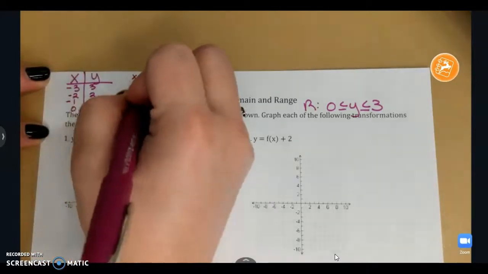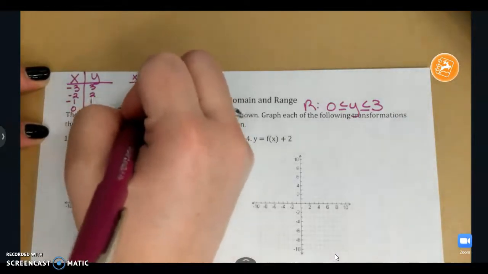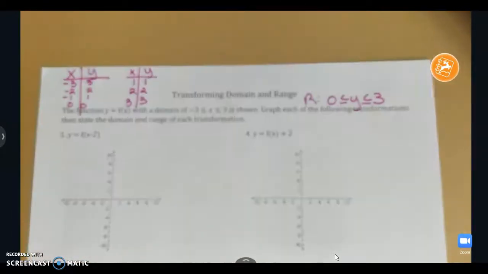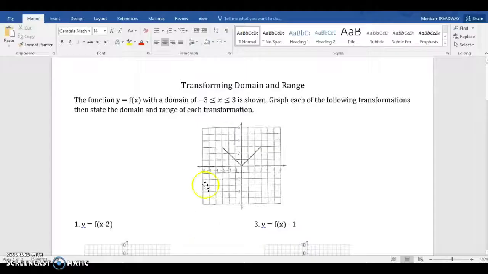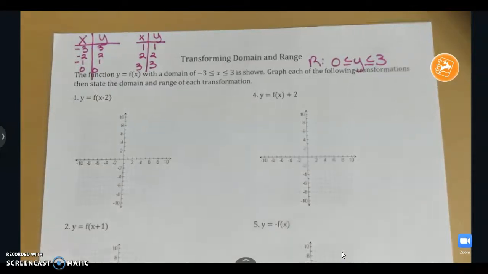I'm going to continue it over here because I'm running out of room. Those are 7 points on my parent function. Remember, this is what it looks like, part of our absolute value parent function. We are going to be graphing these different transformations and then stating the new domain and range.